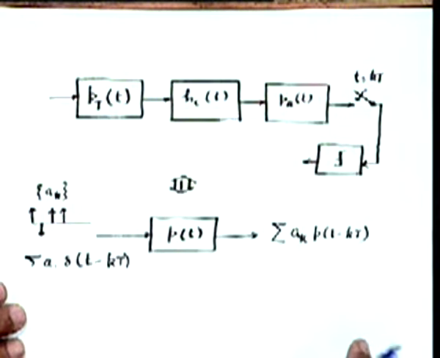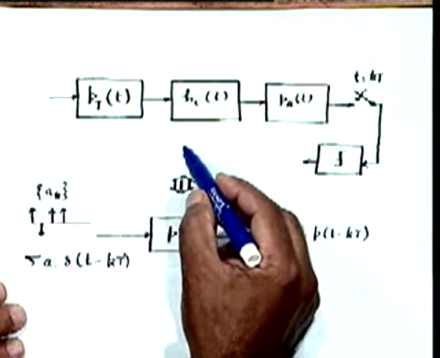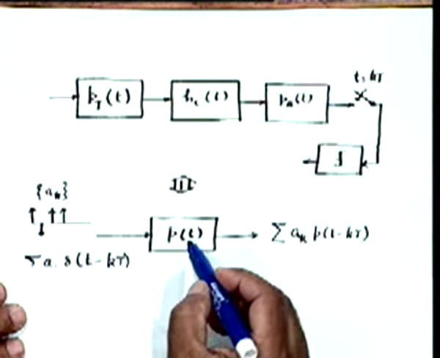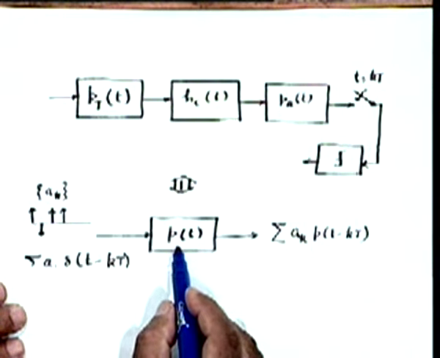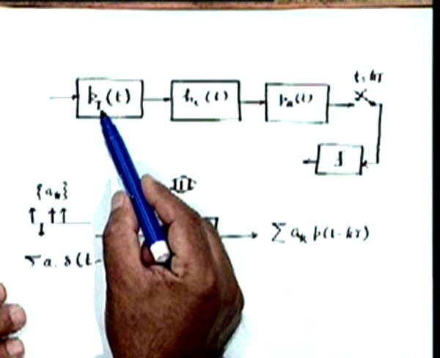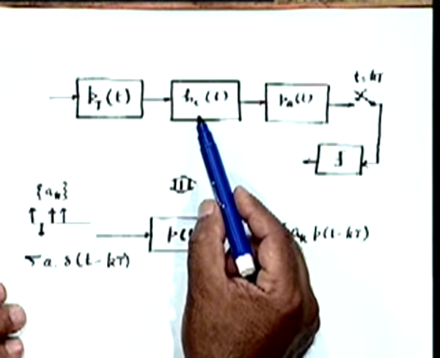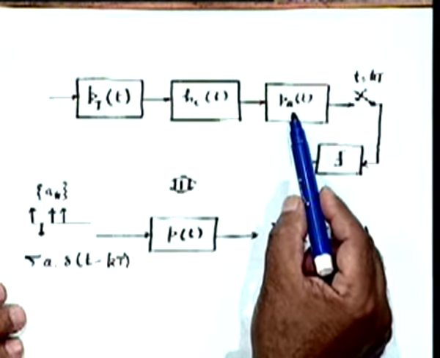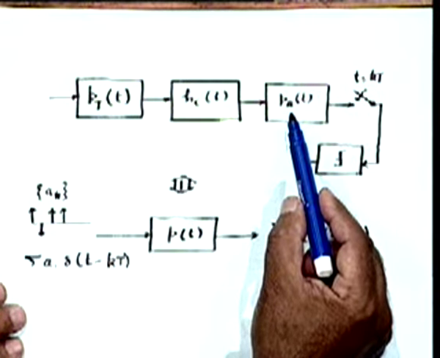Therefore what I really consider is an equivalent system whose impulse response is simply p(t), which is the convolution of P_T, the channel impulse response h_C, and the receiver filter P_R, right?